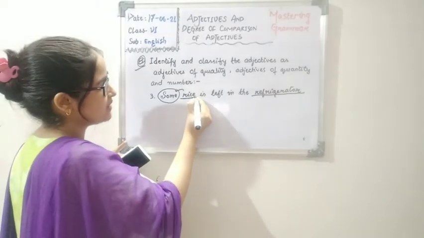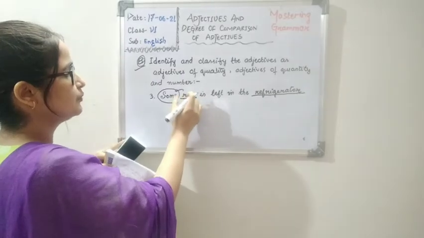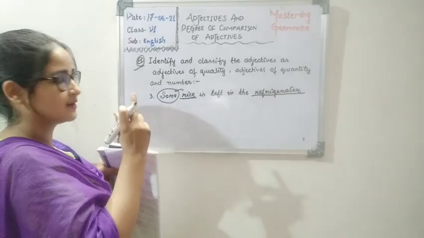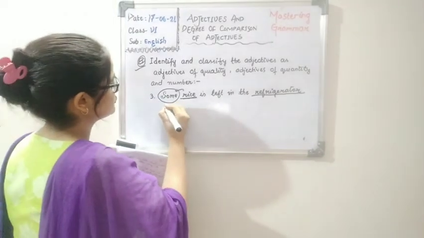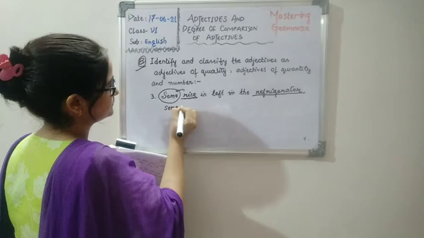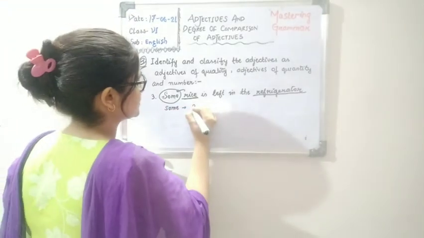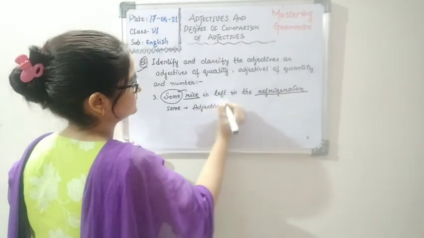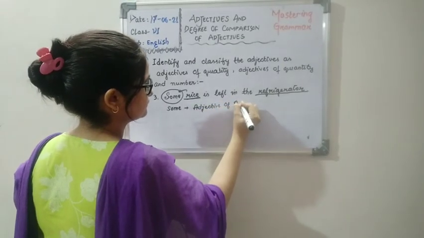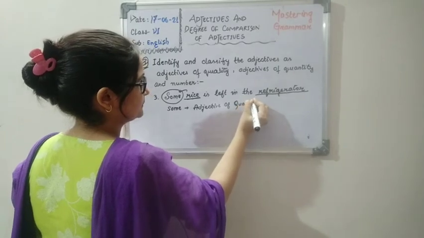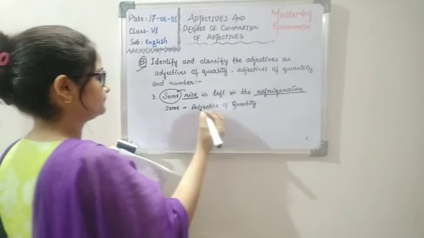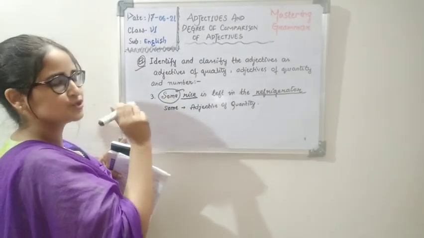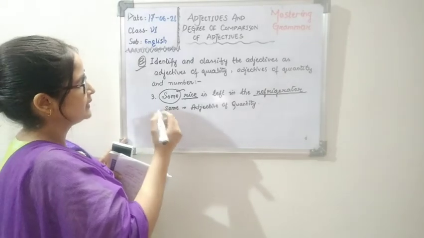Because we have an uncountable noun here, this amount is related to quantity. It has not been used as an adjective of number.